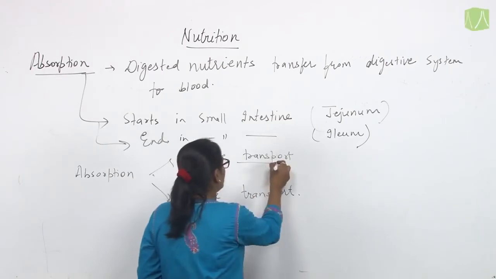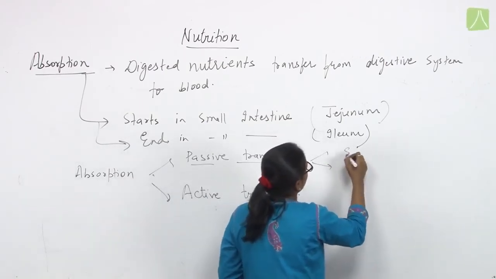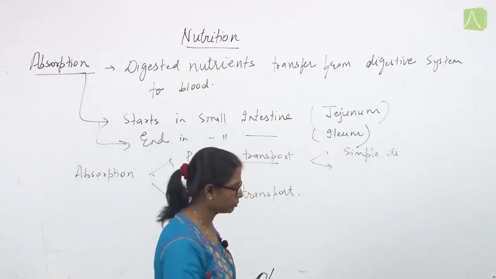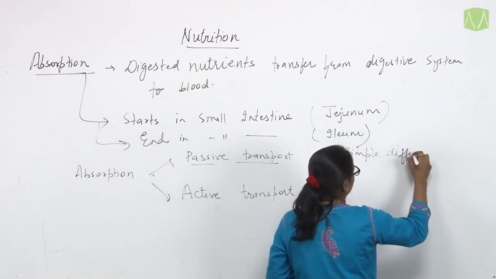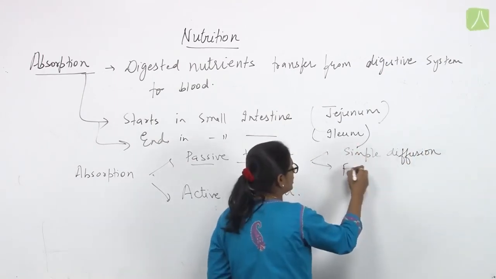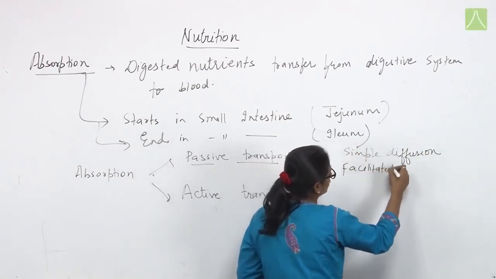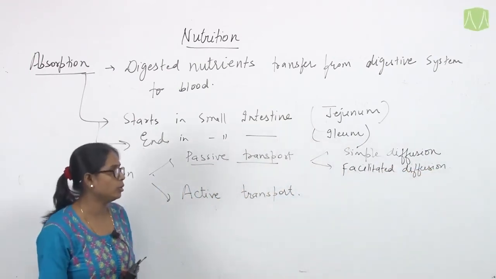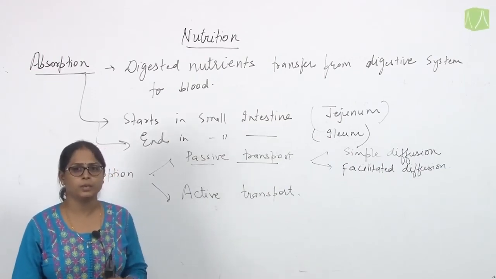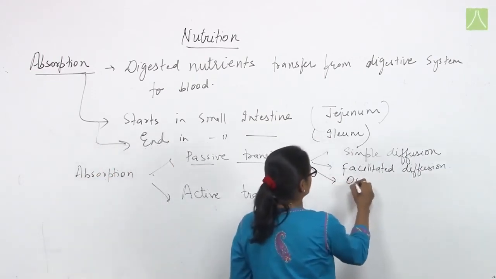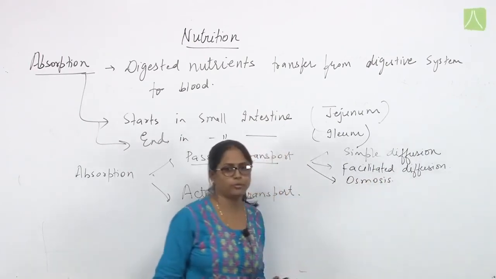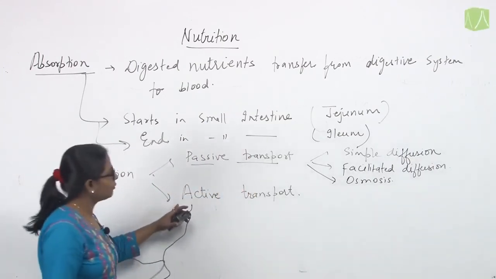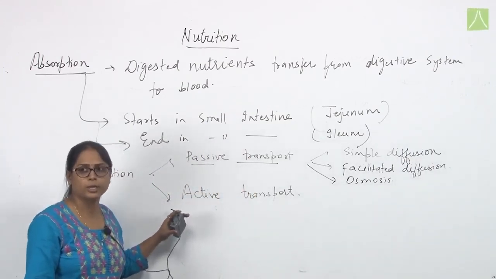Passive can include simple diffusion or facilitated diffusion. That means in passive transport no energy expenditure occurs. Here osmosis is also there for water. For water absorption we need osmosis. Fine. Now in active transport, the energy expenditure takes place.